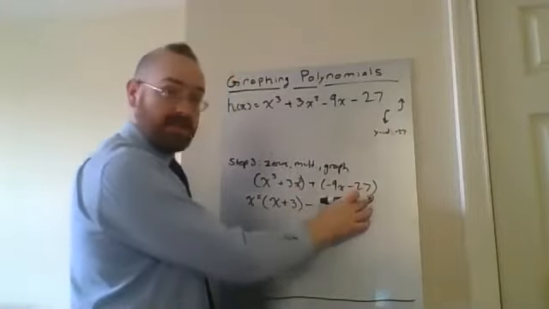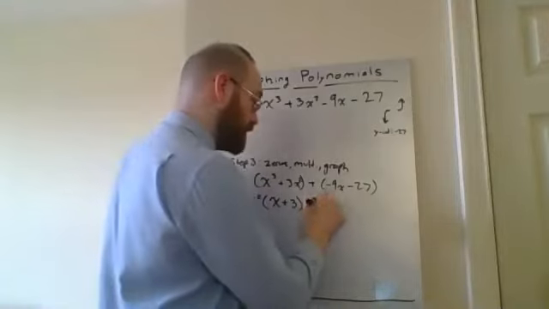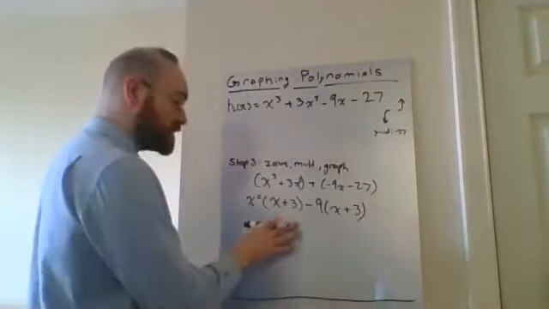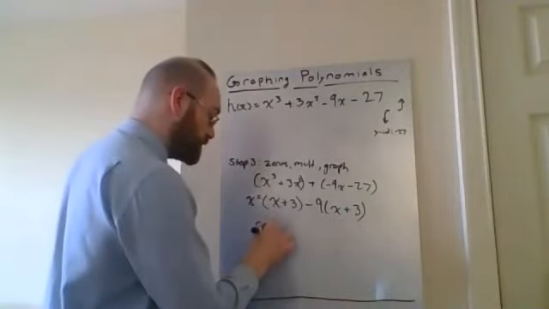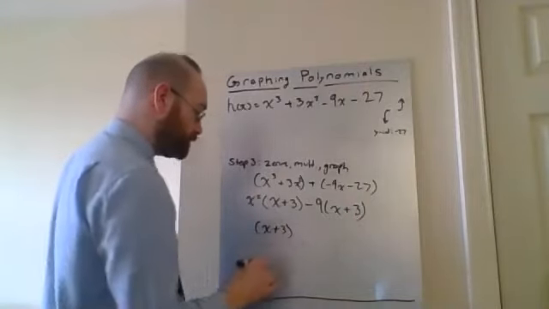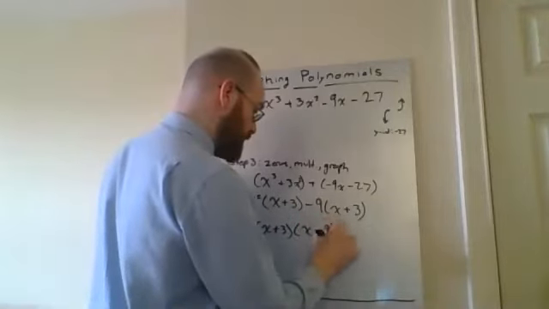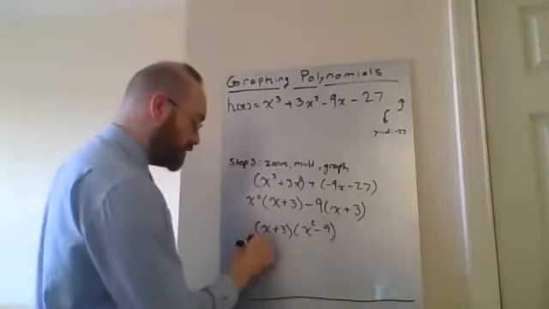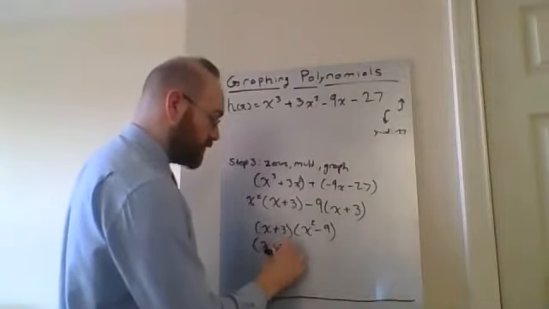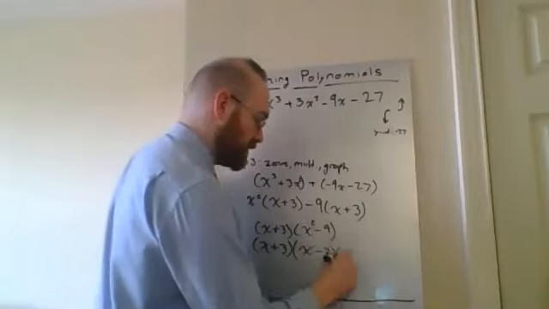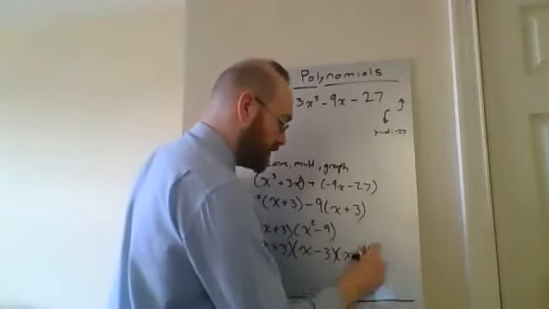Greatest common factor from the second grouping is negative 9. So that's x plus 3 left inside. Greatest common factor from both parts is x plus 3. And then we have x squared minus 9. X plus 3, difference of squares gives us x minus 3, x plus 3.